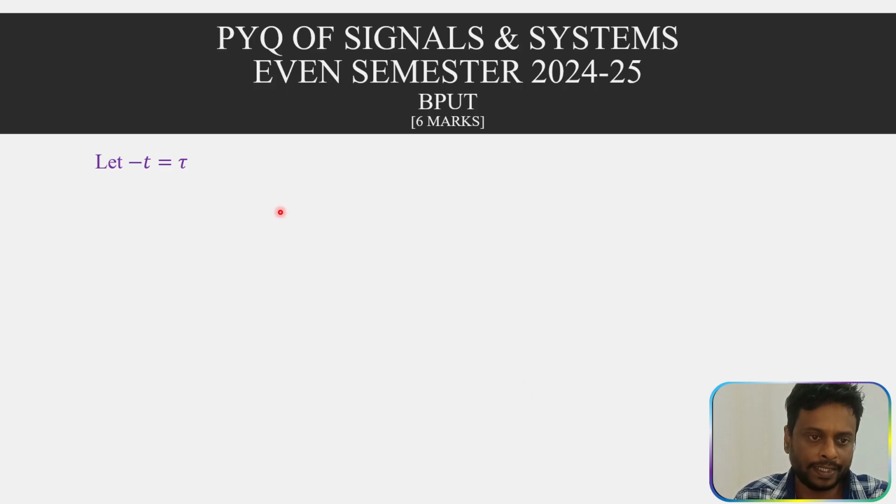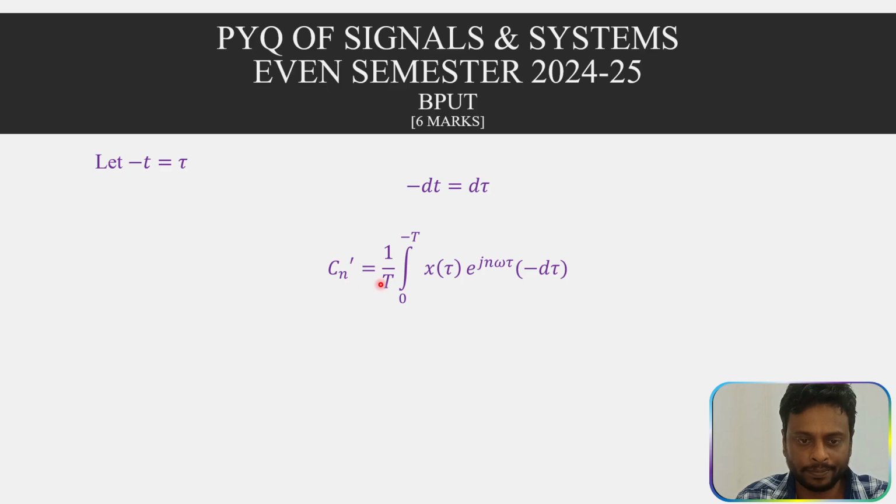Now let us take minus t equal to tau, so minus dt equal to d tau. So Cn prime equals 1 by T, integral 0 to minus T, x of tau e to the plus j n omega tau, with minus d tau. We have changed the limit, so that will be plus, integral from minus T to 0. So this is your C of minus n.